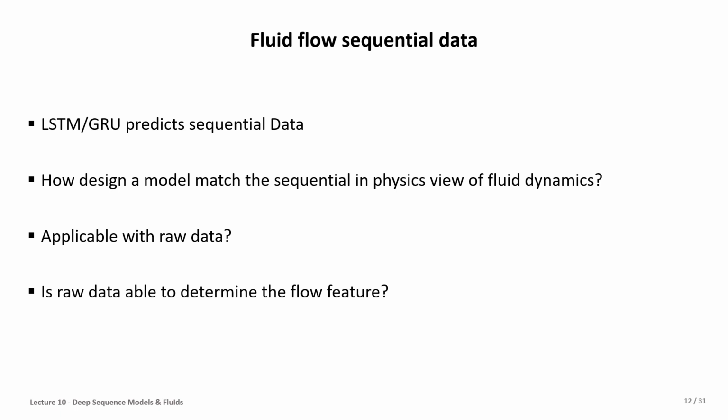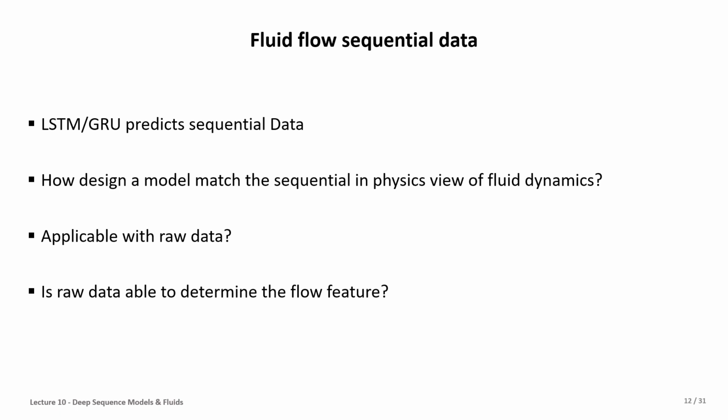As well, in industry and in fluid applications, there are many devices that can measure the velocity, like the pitot tube or hot wire, and we can have a measurement in the Lagrangian view.